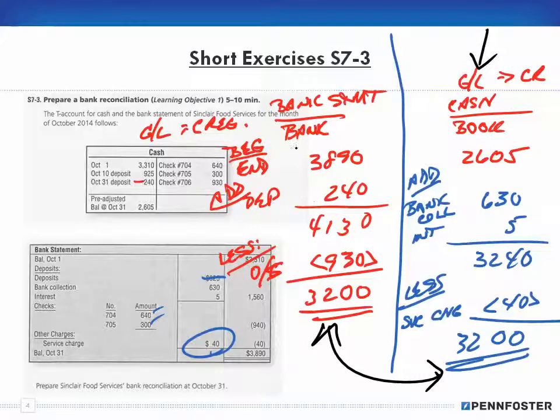Obviously, we can't do that to the bank statement because you have to wait until the deposit and the outstanding check come in. But if no other transactions occurred and those deposits and outstanding checks hit the bank account, the bank balance should end up being $3,200, and then that should match our check register. So that's a bank reconciliation.